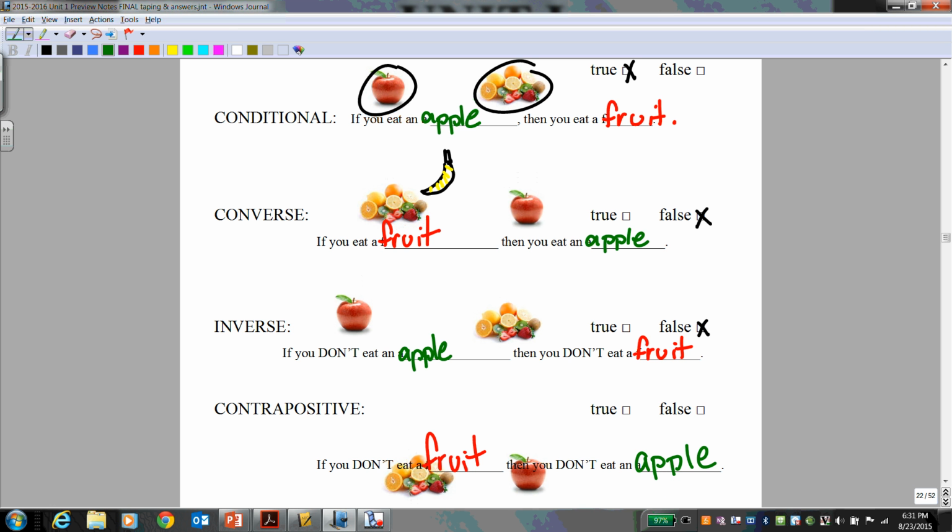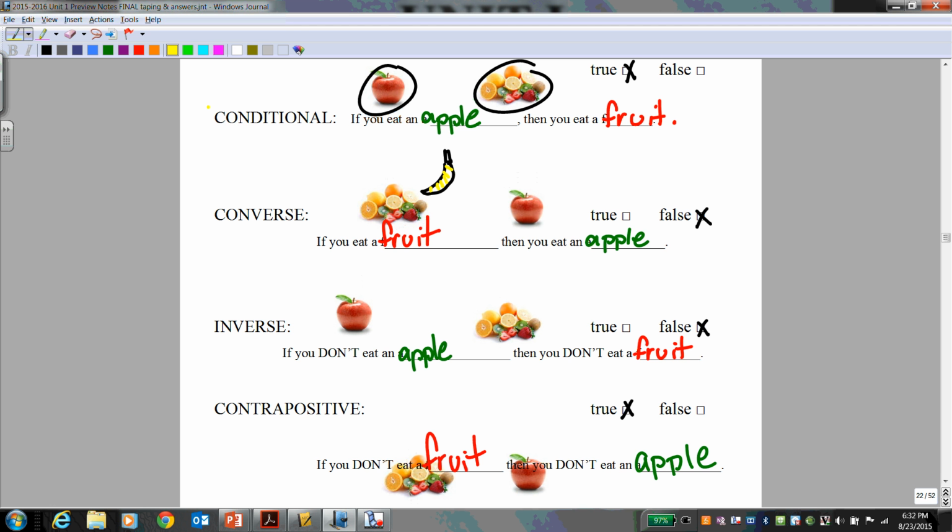Ask yourself, is that always true? And yes, that is always true. If you don't eat a fruit, then you can't have eaten an apple. You get that?